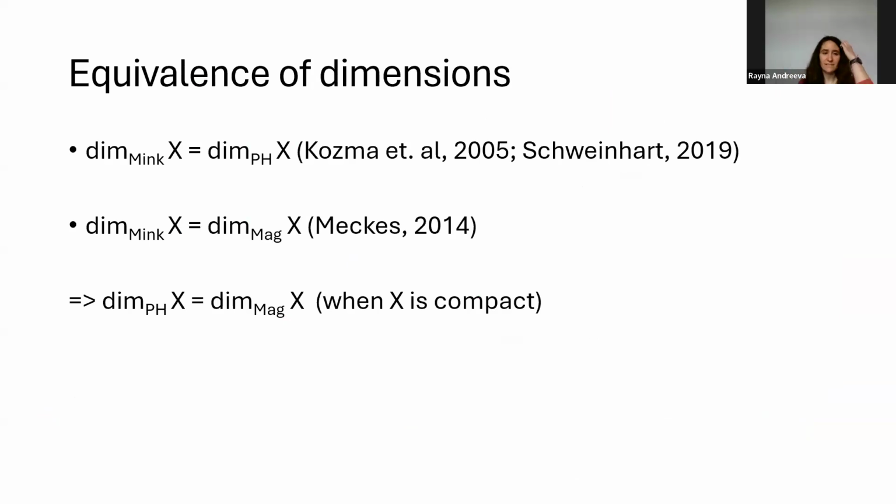Which one of the results, like the last one? Maybe because the people who were doing these proofs were working from different perspectives. Okay, but it's a kind of easy follow up because they're all equal to the Minkowski dimension. I'm not sure. Good question. Okay, thank you. Welcome.